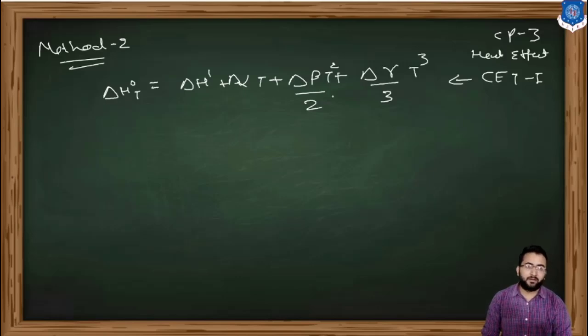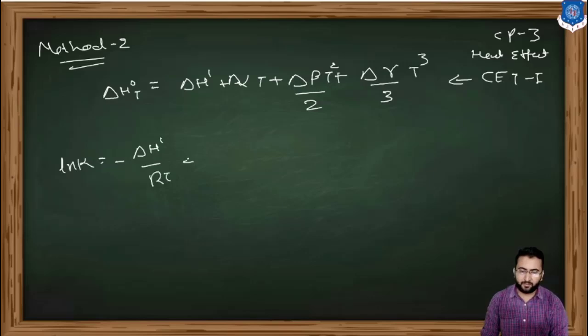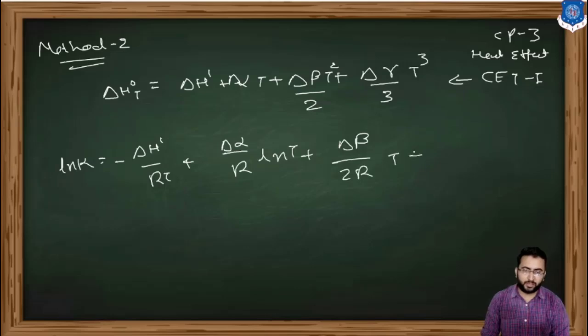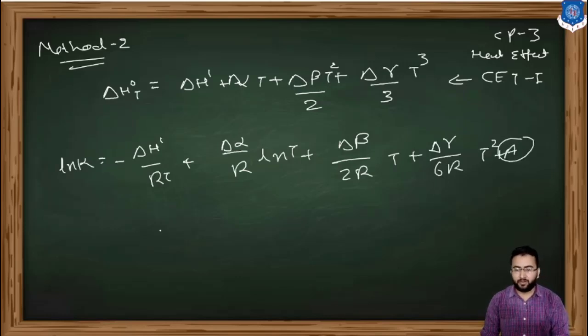Using this equation we can put in the values and find delta H naught, and using this delta H naught we can find ln K, which is given by ln K is equal to minus delta H naught upon RT plus delta alpha upon R ln T plus delta beta upon 2R into T plus delta gamma upon 6R into T square plus A, where A is the integral constant.